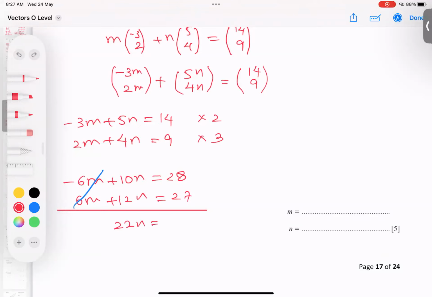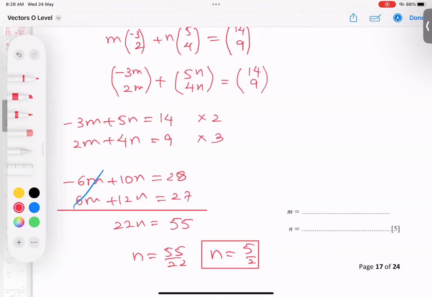This is now 28 plus 27. So this 22 will divide under it, and N value is 55 over 22. And final answer, 11 5s are 55, 11 2s are 22. So 5 by 2 is my final answer. And I believe this point is very, very clear.